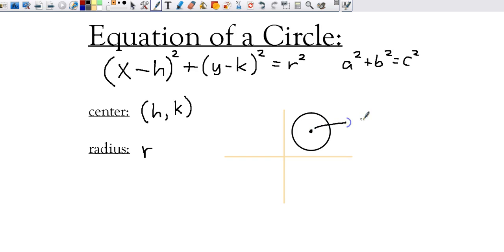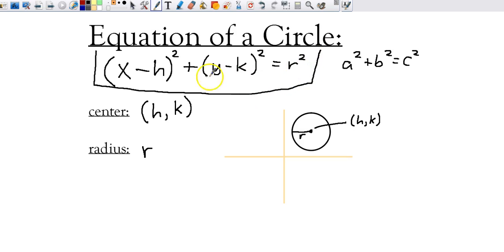This will be h and k. And then the radius is the distance from the center to the edge of the circle, going either left, right, up, or down. Wherever you can get that distance, count those spaces, that's the radius. So that's the equation of the circle. You want to memorize that too, along with area and circumference formulas.